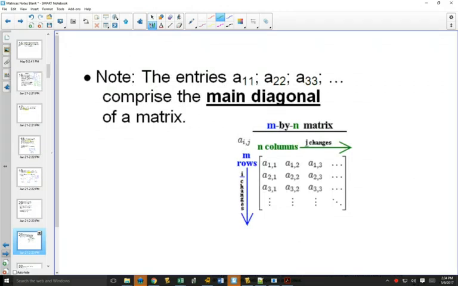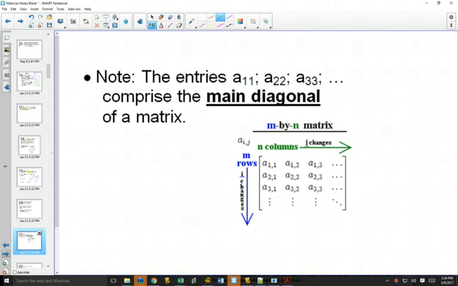Now, sometimes you'll see those entries listed with a comma in between, and sometimes the comma's not there. So this A11 would be the same way of writing A1 comma 1 if you wanted to do it shorter, if the matrix isn't too big. If you get into a really huge matrix, then the comma is nice because you can tell. But usually matrices don't go beyond 9 by 9.